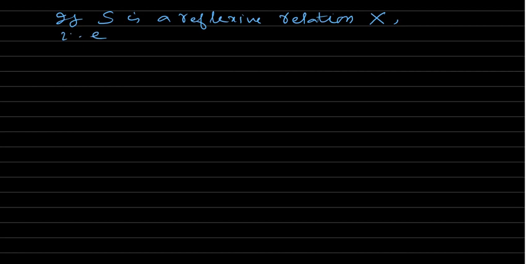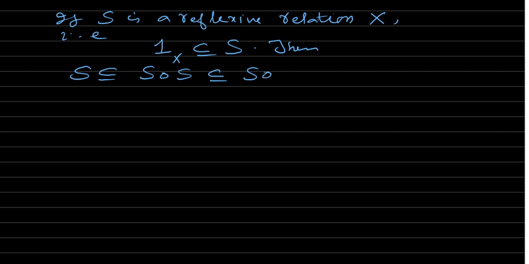Okay, so now if S is a reflexive relation on X, that is, S contains the identity relation, Ix is contained in S. Then we have the following: S is a subset of S composition S, which is a subset of S composition S composition S, and so on and so forth.